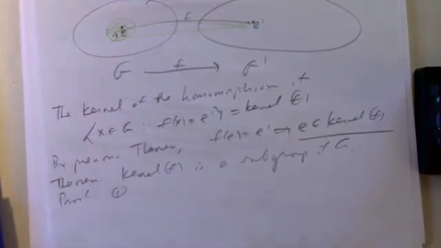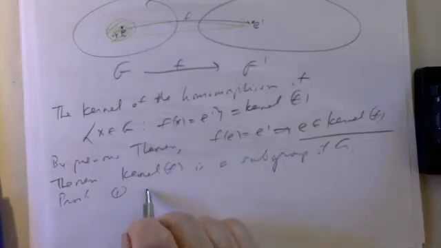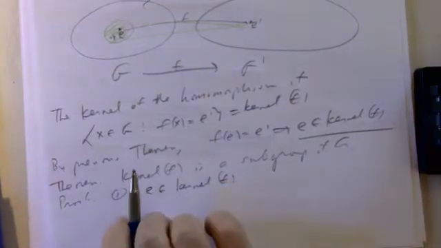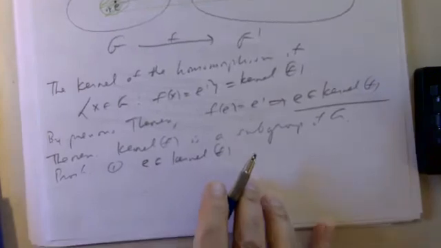We have to show three properties for a subset of a group to be a subgroup. The first we've already shown, namely the kernel of f contains the identity, because f of the identity is the identity.